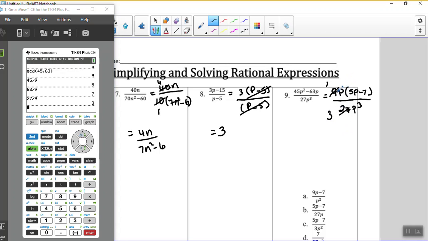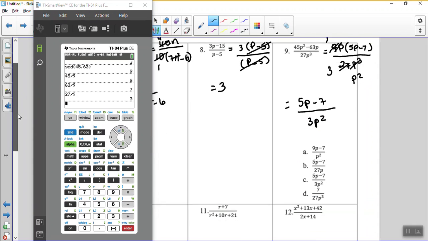And then I have a p in the numerator, I can cancel out a p in the denominator, so I have p squared. So let me just rewrite all of this. So you have 5p minus 7 in the numerator, all of this got canceled out, divided by 3p squared. Let me see if I can find my answer.